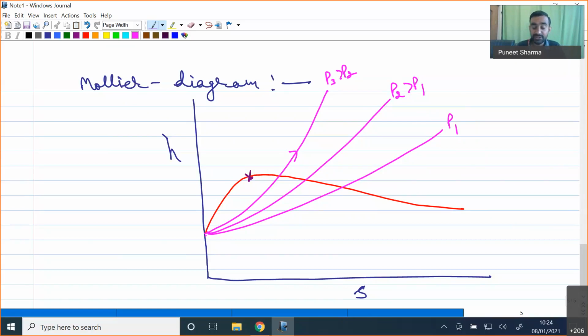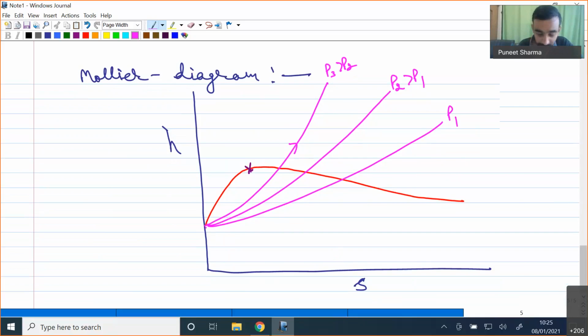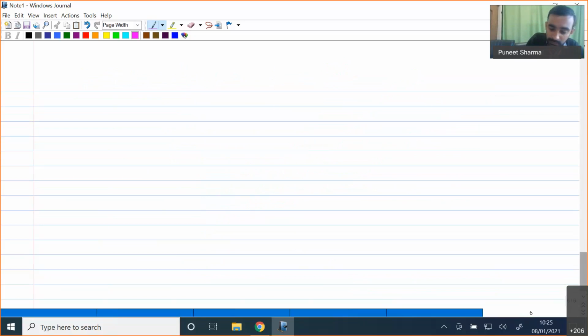We locate our thermodynamic state, and after locating it we can obtain all other properties from a single diagram. This is one very important diagram for obtaining properties, and it is referred to as the Mollier diagram.